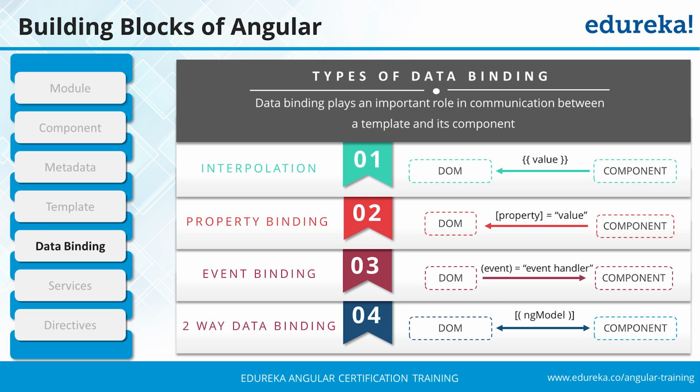The first is called interpolation. The second is called property binding. Property binding is denoted by square brackets. Third is called event binding, which is denoted by round brackets. The only difference is interpolation and property is from component class to the DOM, and event binding is from the template to the component, or from the DOM to the component. It is always one-way binding.